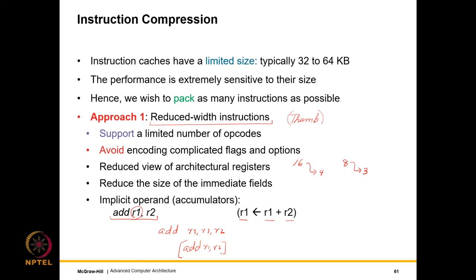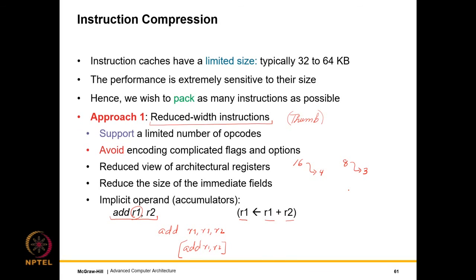Alright. So these are several methods by which we can take a regular RISC instruction set or a regular CISC instruction set and create a reduced instruction set such that storing an instruction requires fewer bits, fewer bytes. This translates to an increased instruction packing density in the I-cache, which will give us tremendous benefits.